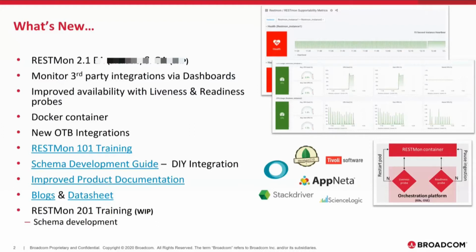Now on the UI layer, this will be a dashboard that will be shipped out of the box with SaaS. But behind the scenes, there are a lot of metrics that RESTMon is pumping into NAS with the 2.1 build. There are about 30, 35 supportability metrics, which we get with the help of the out-of-the-box APM libraries.